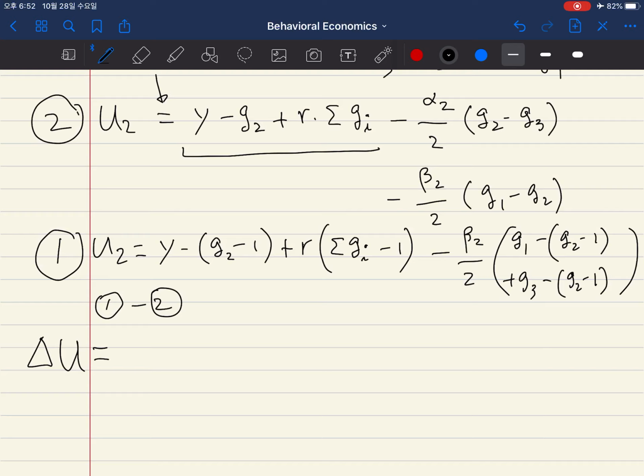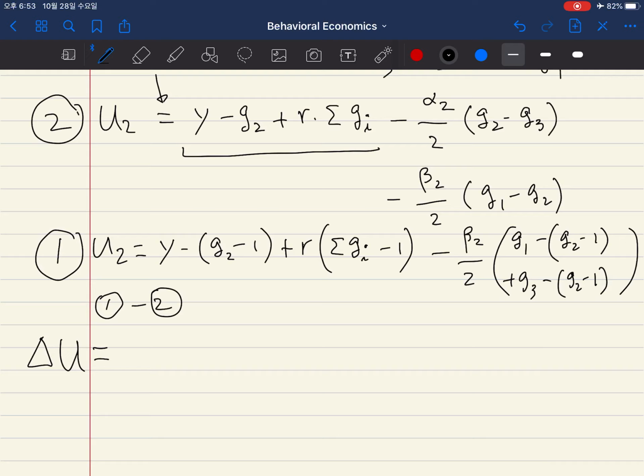So in other words, for the second individual, his utility goes up if he reduces his contribution to public good. So eventually this means that for the second individual, it's better to reduce contribution. Therefore, eventually the second individual is going to choose contribution equal to 0. So therefore, he's going to free ride.